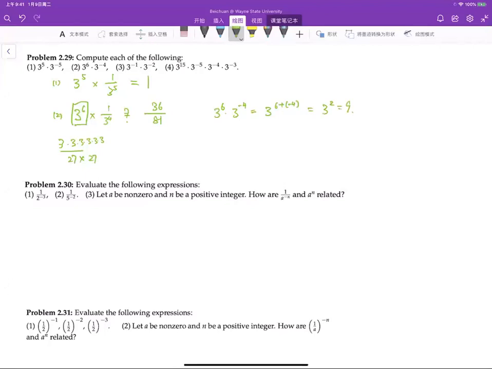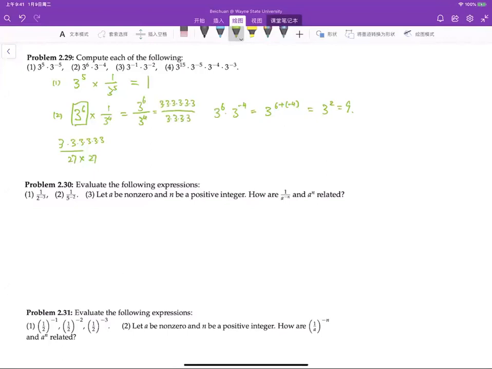Or you can definitely use the definition. I mean, from here, you will have 3 to the 6th over 3 to the 4th. And then let me show how to cancel them, right?